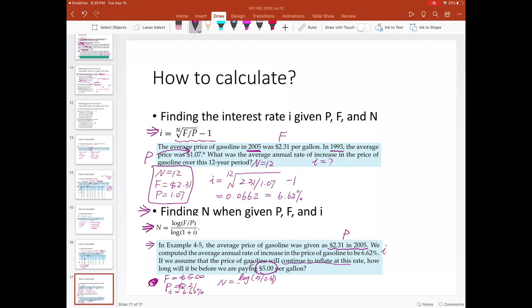Let me erase this. Okay, over log of 1 plus 6.62%.